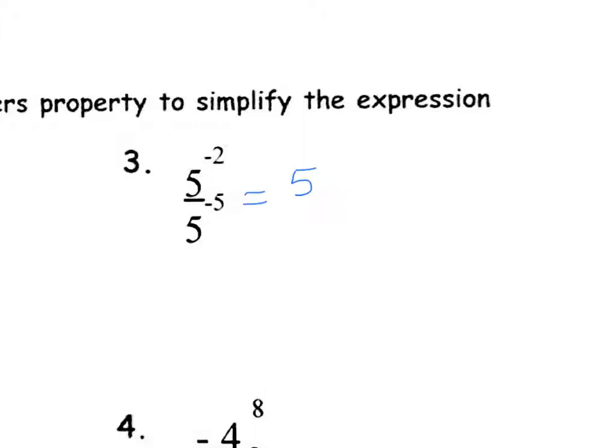So if I were to write this out, negative 2 minus negative 5, this clearly changes to a positive. So negative 2 plus 5 is 3. So be careful with those negatives. It always tricks people when they're doing this. When you're subtracting something that is already negative, it changes it to a positive and you add. 5 to the 3rd is 125.